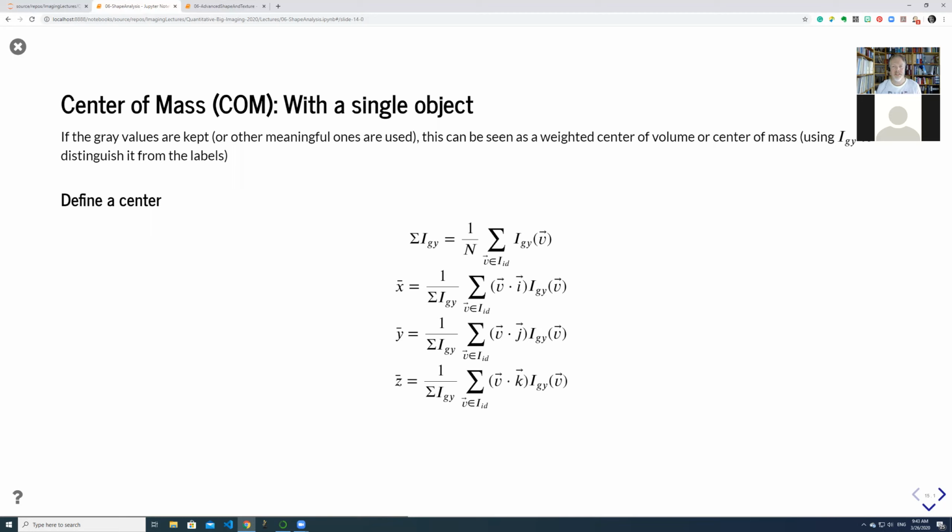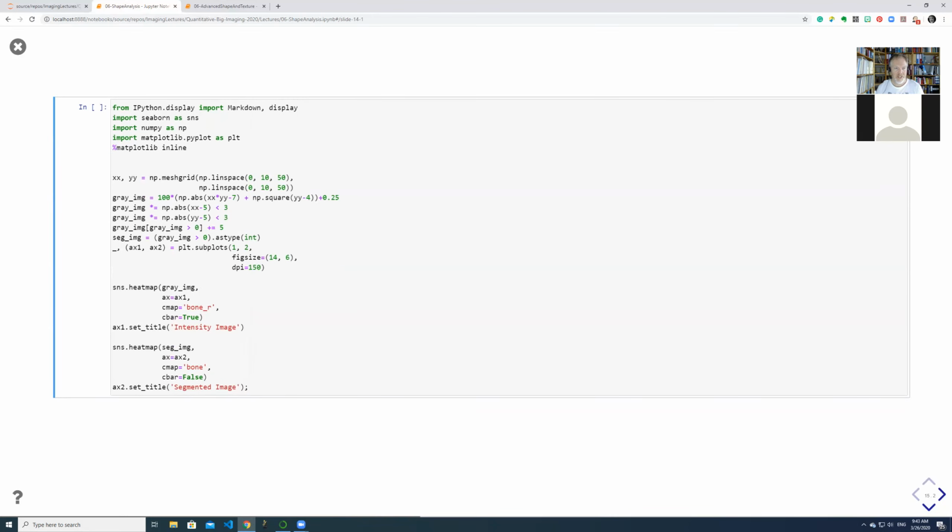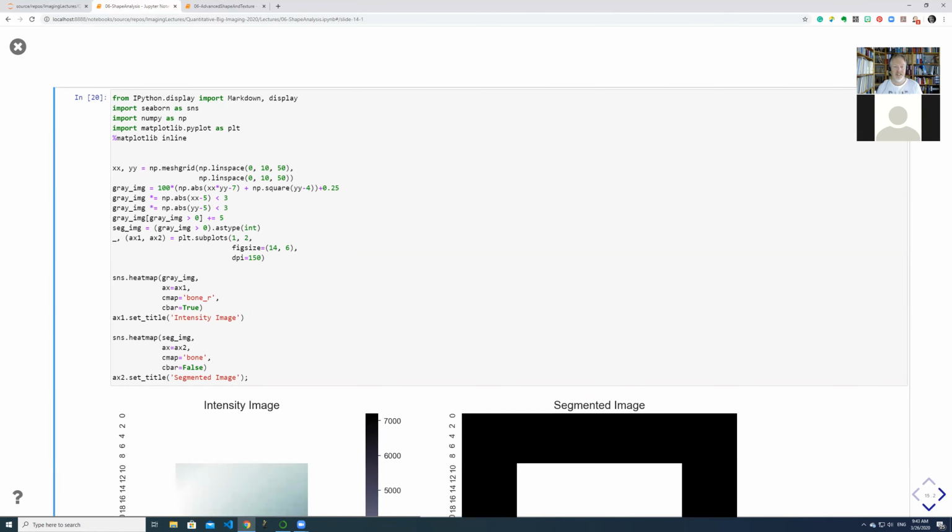Some objects have an inhomogeneous gray level distribution that, if you are looking at transmission imaging, like X-rays, corresponds to a local density or local weight, because you already know the volume of that area. And if you use the gray levels instead when you compute this, you can get a different position in the image, and that's actually the center of mass.